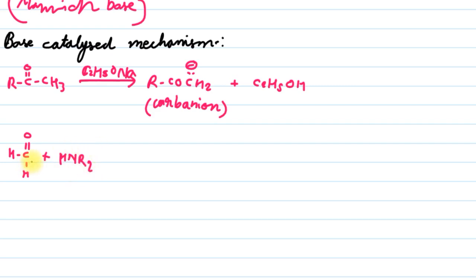We know that in the carbonyl group the pi electron between carbon and oxygen moves toward oxygen because it is more electronegative, and oxygen gets negative and carbon gets positive.